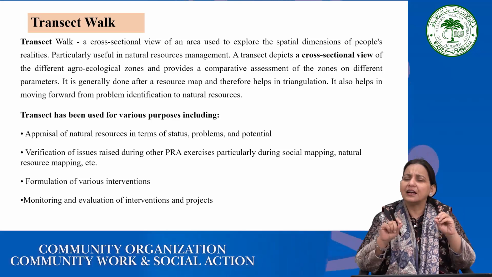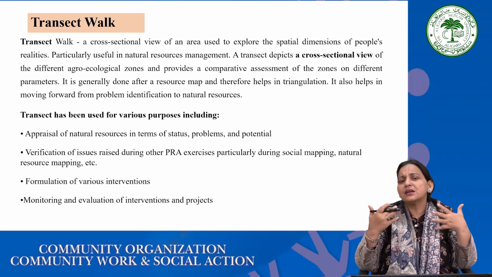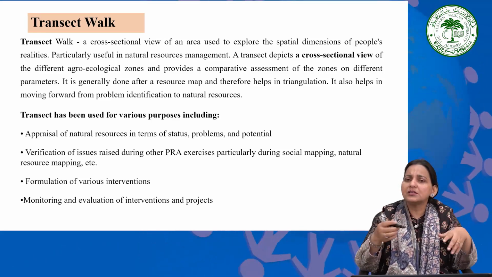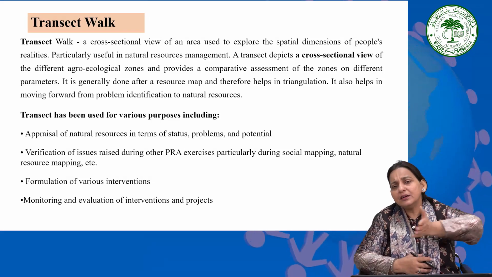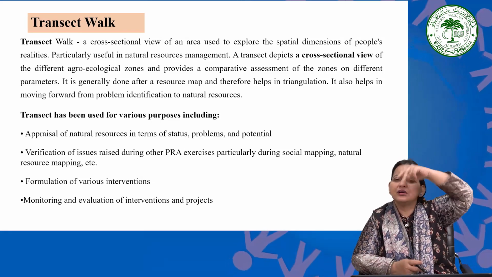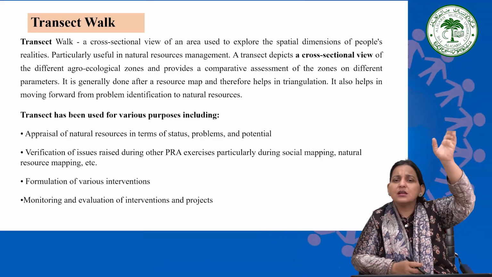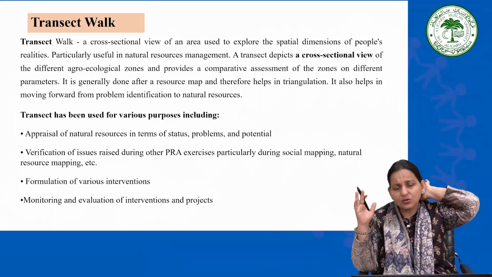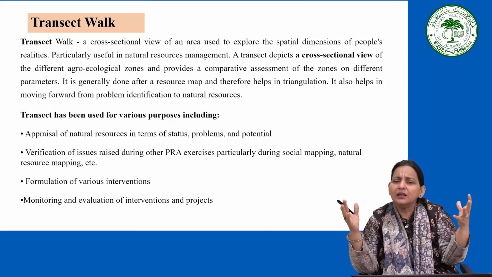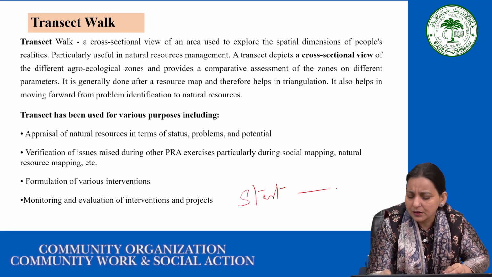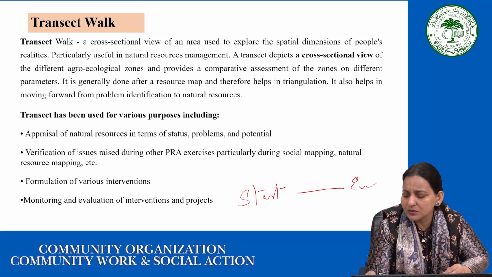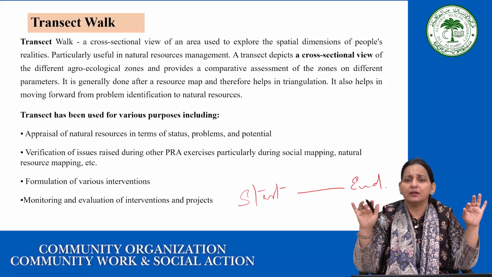What I feel is that the transect walk is the best answer. You go into the community, interact, develop rapport, and take a cross-sectional or diagonal walk through the community, whichever you decide. It means deciding which area to start from and where to end. So the path has to be clear, right?